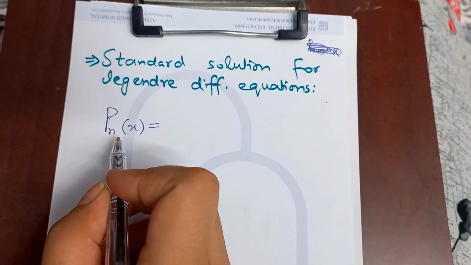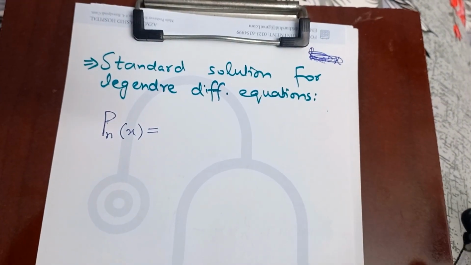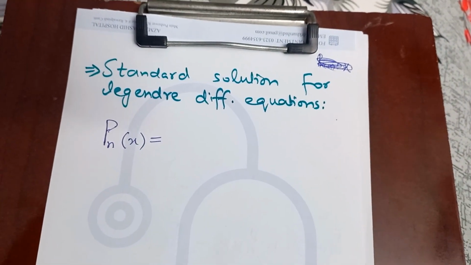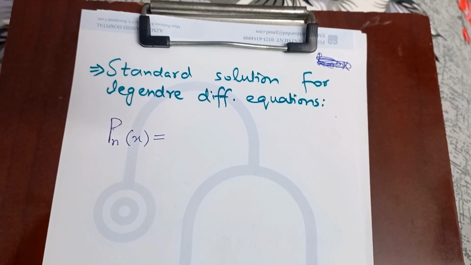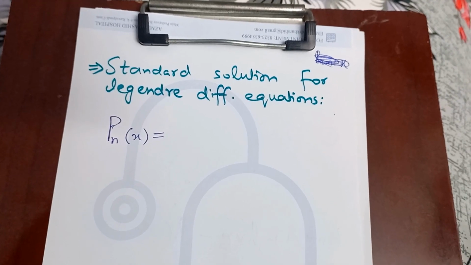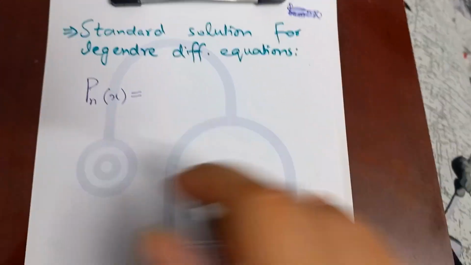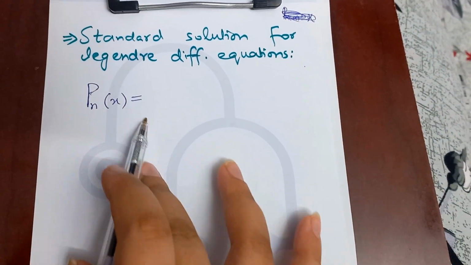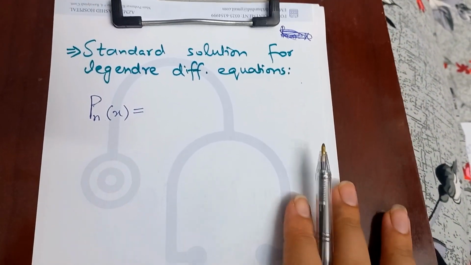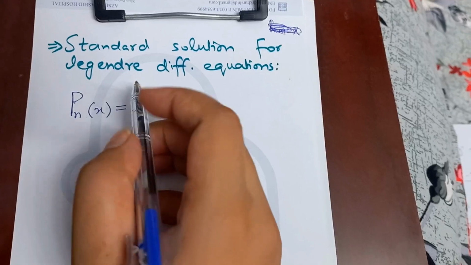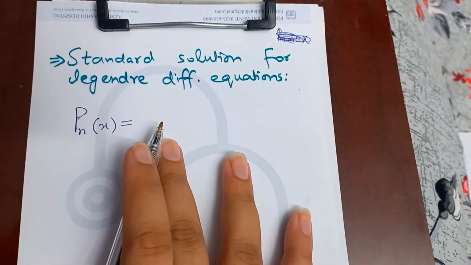We call the solution of Legendre differential equations the Legendre polynomial. Legendre polynomial is just a term used for the solution of the Legendre differential equations, and they are actually polynomials. They appear in increasing powers of x, and that is why.